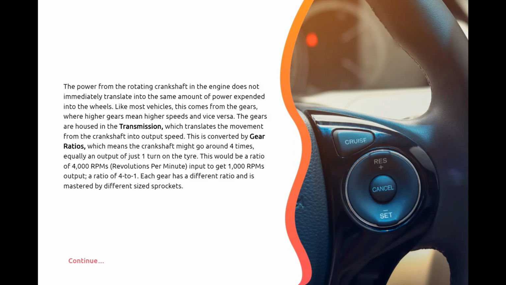This is converted by gear ratios, which means the crankshaft might go around 4 times, equaling an output of just 1 turn on the tire. This would be a ratio of 4,000 RPMs, revolutions per minute, input to get 1,000 RPMs output, a ratio of 4 to 1. Each gear has a different ratio and is made by different sized sprockets.